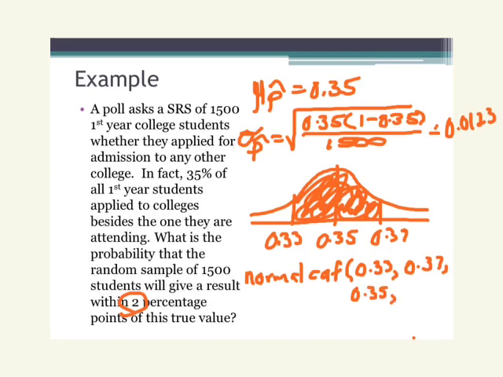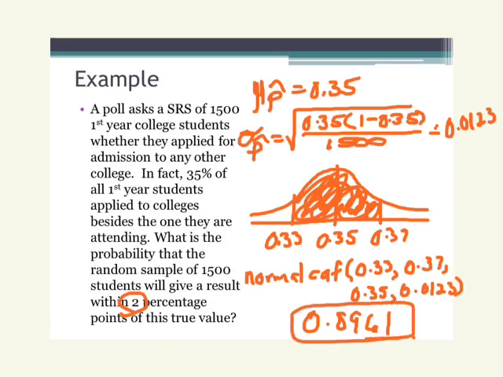And our standard deviation we found above is 0.0123. So there's our command for our normal distribution. Again, we've verified that a normal distribution is appropriate. We found the mean and standard deviation of that, so now it's just a matter of doing our calculations. And when we do that, we find out that there's a probability of 0.8961 of our sample proportion falling pretty close to this population proportion.